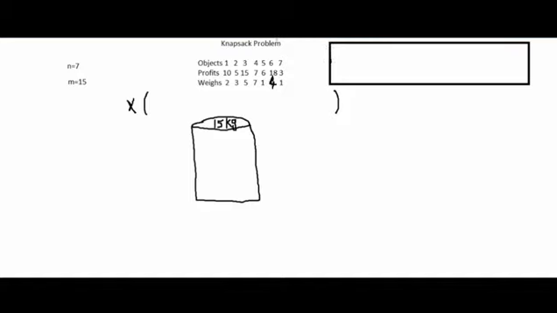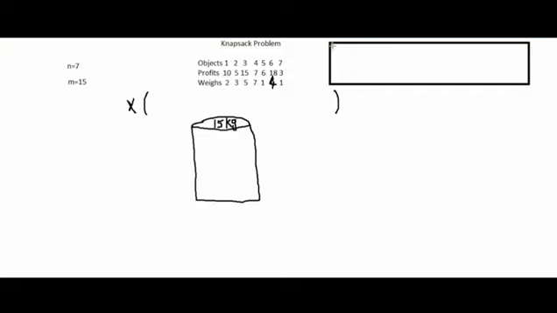So here we have to find the profit per kg. We have to divide the profit by the weight, just in order to get the profit per kg.